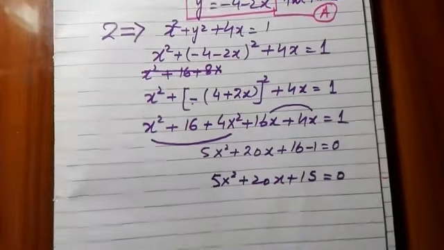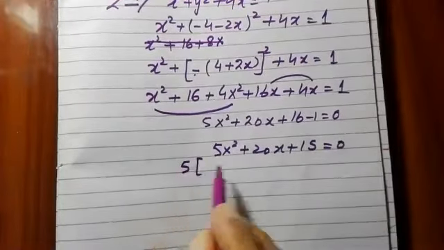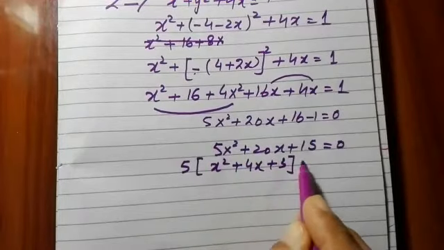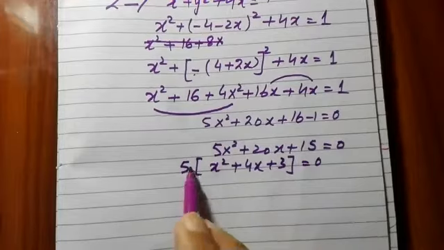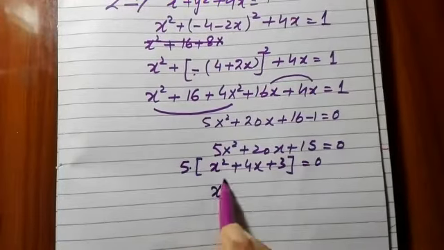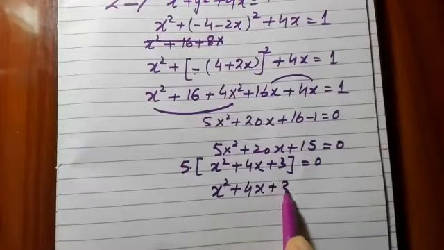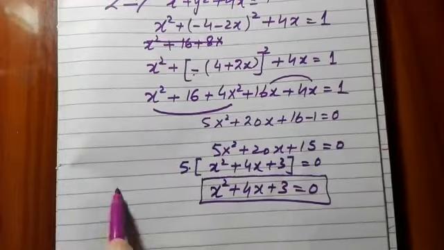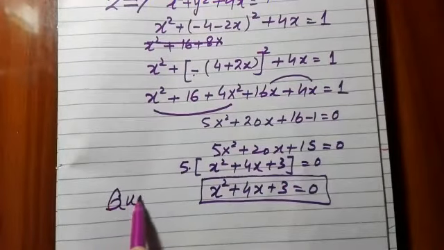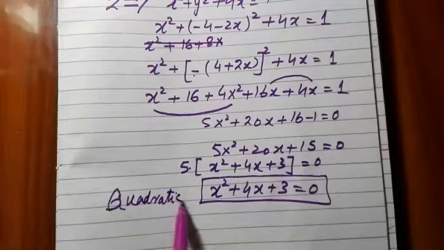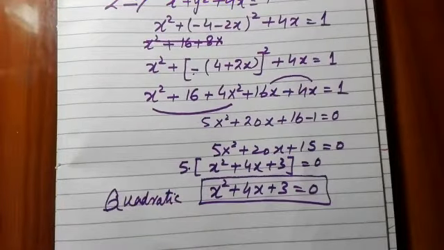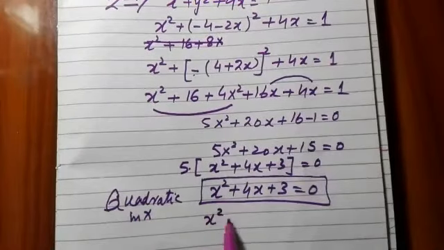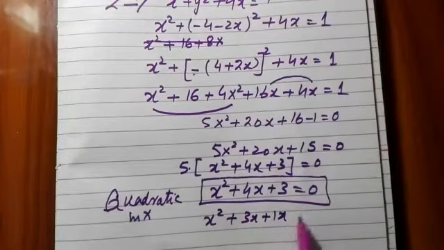I would recommend further taking 5 common, or dividing by 5 on the other side, so the equation becomes x square plus 4x plus 3 equals to 0. So this is a quadratic equation in one variable x. You can find the value of x either by factorization or by quadratic formula. We are using midterm breaking, which is the easiest approach: x square plus 3x plus 1x.